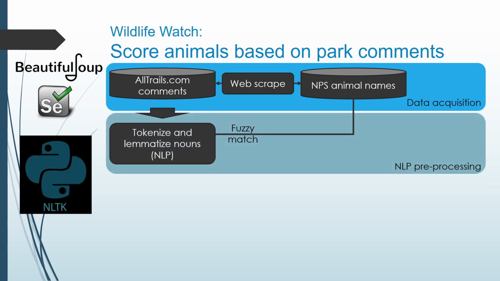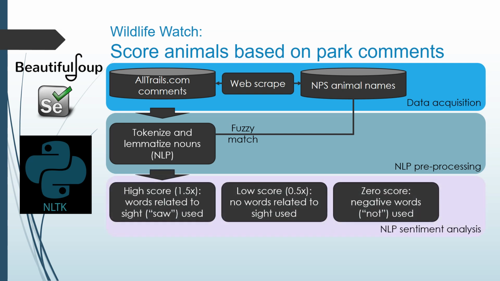Then I began my natural language processing on the alltrails.com comments by tokenizing and lemmatizing the nouns in each of the comments. So in each comment, I take these nouns and then I do a fuzzy match with the animal names that I pulled. And I do a form of sentiment analysis on these identified animals in the posts.